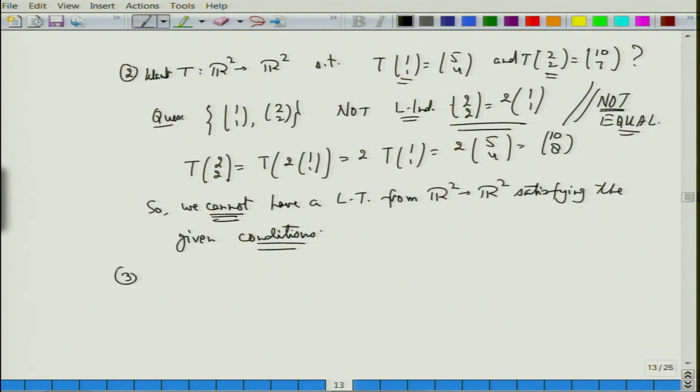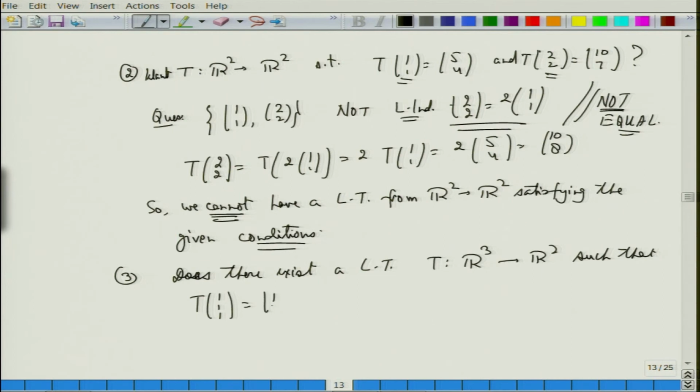Example 3. Does there exist a linear transformation T from R3 to R2 such that T of (1,1,1) is (1,2), T of (1,2,3) is (4,3), and T of (2,3,4) is (7,8)?